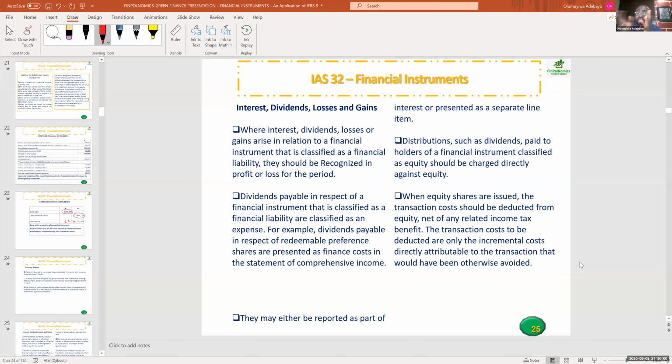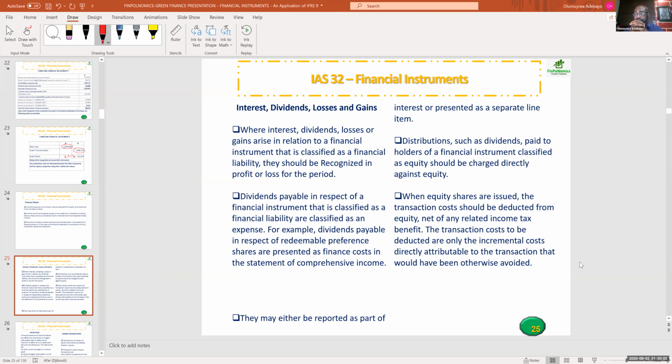Also, IAS 32 will make us realize that interest, dividend, and all realized gains and losses on financial instruments are to be recognized directly in profit or loss. The only exception is when dividend is paid or declared by an entity. Such dividend does not qualify as an expense.